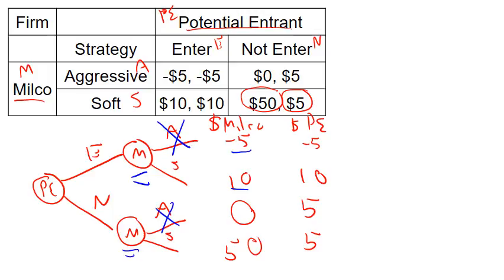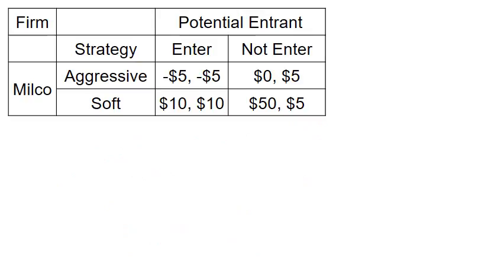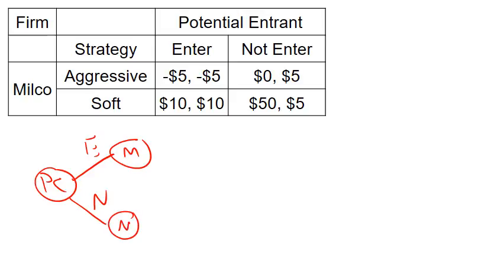Let's redraw the tree diagram, having eliminated the inferior branches. We have potential entrant going first. They choose to enter or not. And Milko moves. Now we've eliminated the inferior branches. All that's left at both the top and bottom node is to price soft, in which case we're going to get 10 and 10, or 50 and 0.